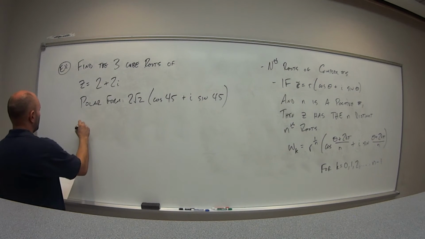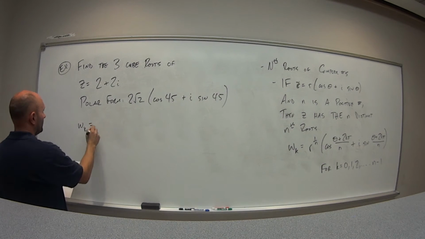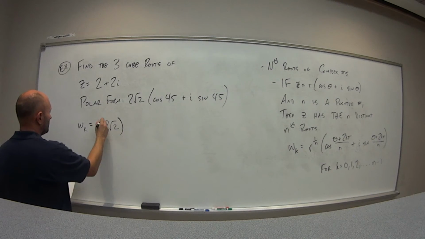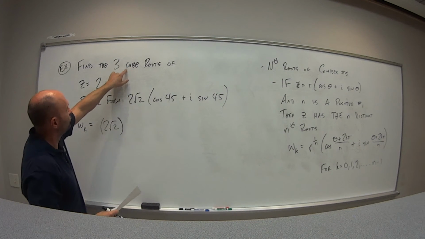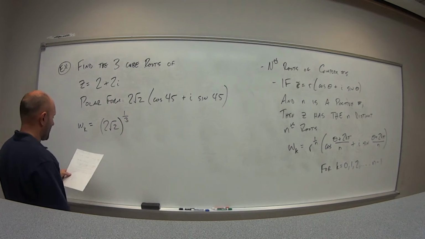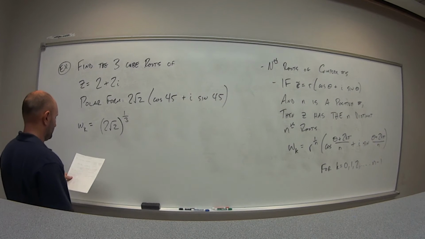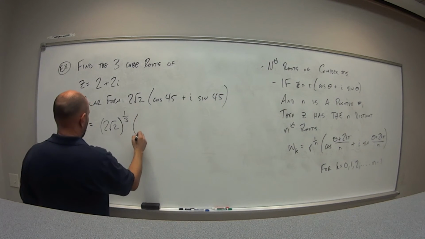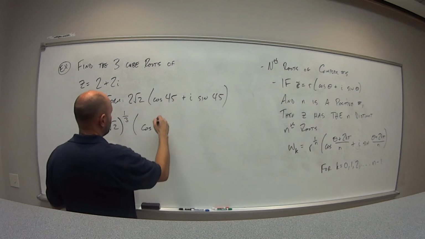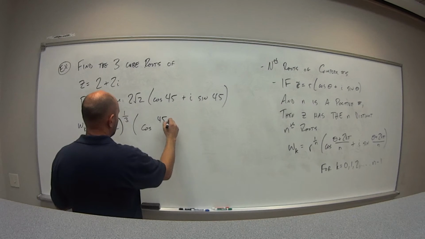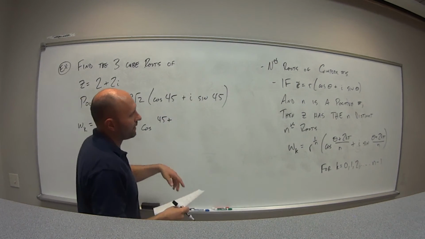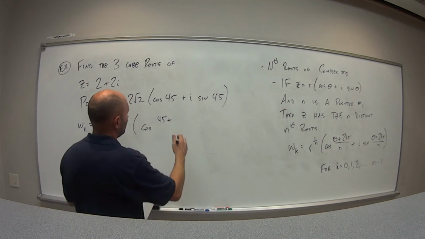So therefore, our omega k is equal to our r value, 2 square root of 2. And because we're talking about the cube roots, the third root, this is all going to be to the 1 over 3 power. Then we have cosine. So our theta is 45, so we get 45 plus, because I'm talking about 2k pi, our 2 pi is 360 degrees.